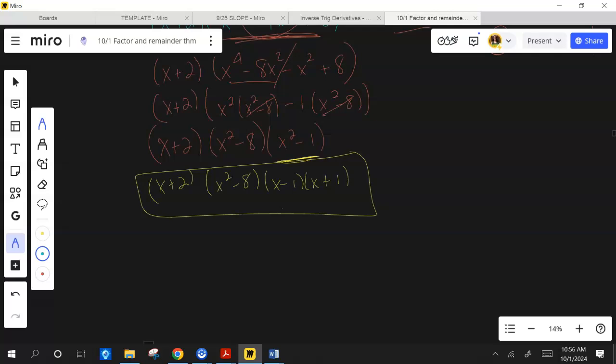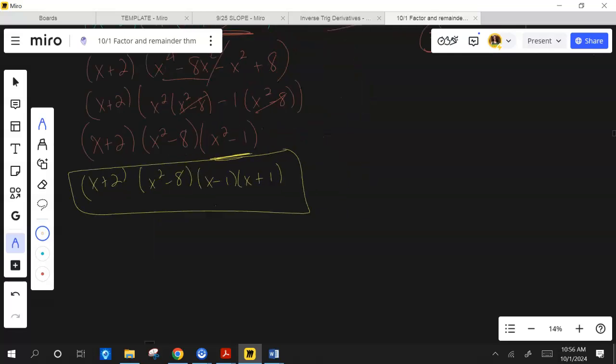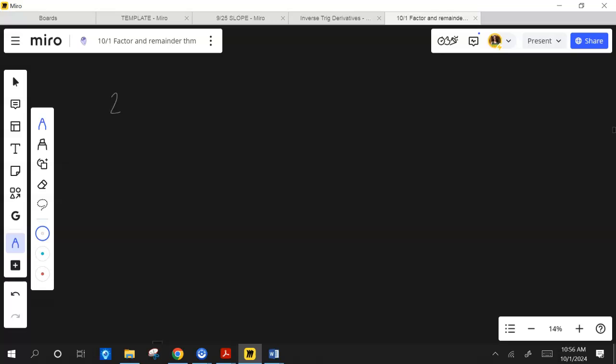Look at number 2. Factor f of x completely.